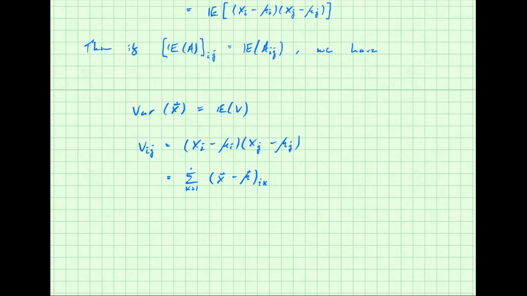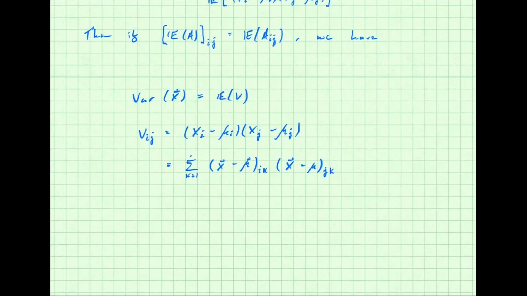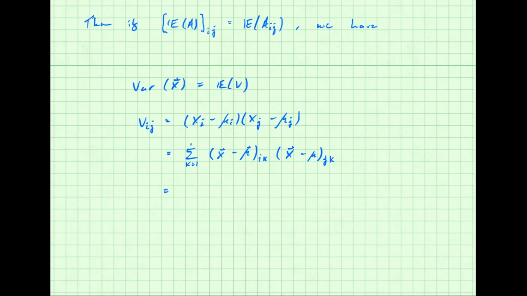And then we write the second term, (x minus mu), as row j, column k. Again, that's a column vector, the same thing. I'm just going to copy this, except I can swap these two, j and k, if I make this the transpose.